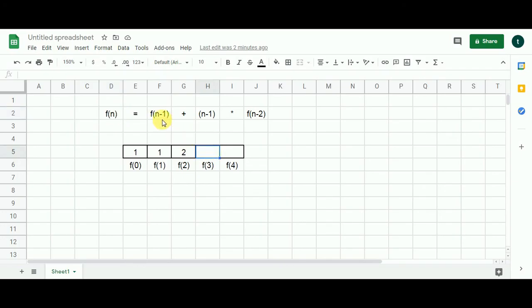Now let's calculate F3 using this formula. So Fn minus 1 is going to be F2. What is F2? It's 2. So I'm going to put 2 over here. Then I'm going to add it with n minus 1. So n minus 1 is 2, because n is 3. Then we have Fn minus 2. So 3 minus 2 is going to give me 1.